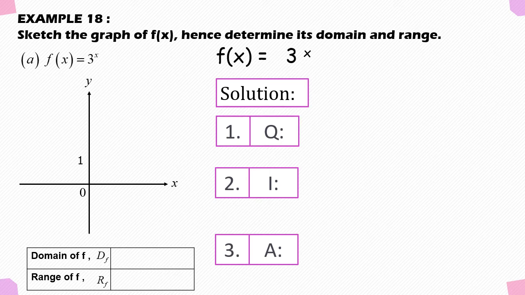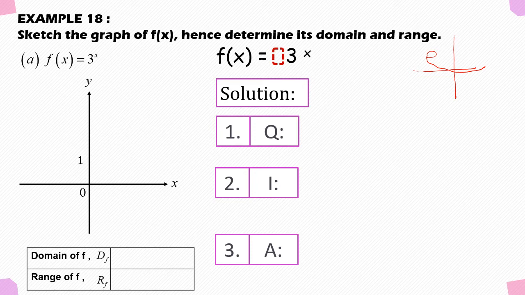Before we start, I need to share with you that the basic shape for the exponential function can be remembered by looking at the alphabet E. Here we know that the graph for the exponential function always cuts the y-axis and the asymptote is always horizontal.